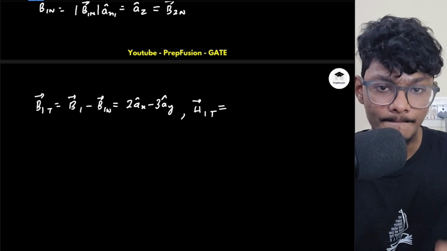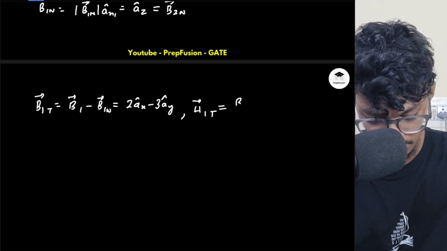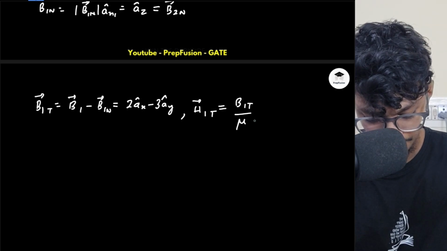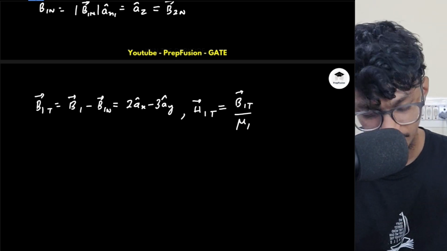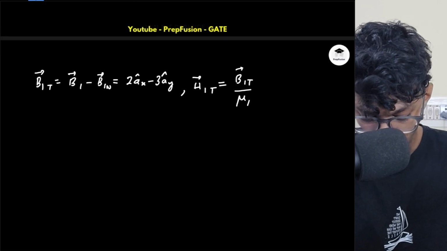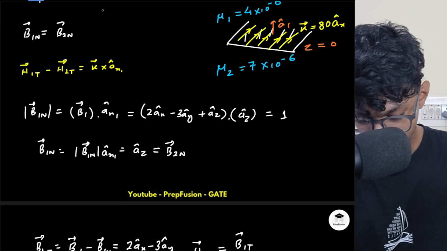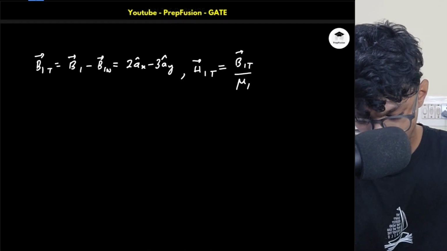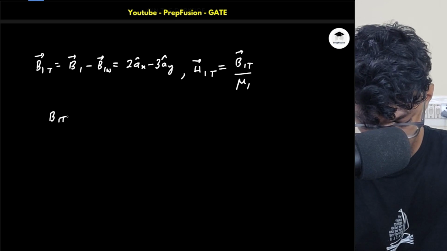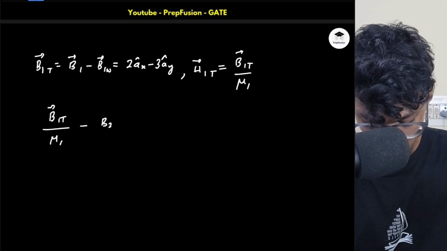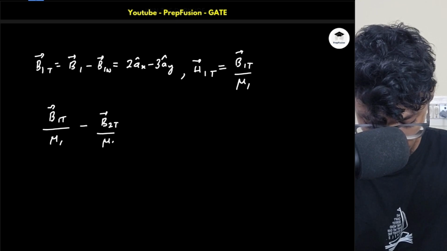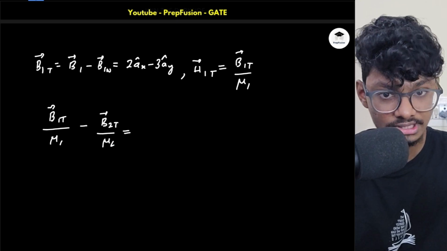H1t will be B1t by mu1. So this is my H1t. I will write this later on, don't worry. Now I will use this boundary condition: B1t by mu1 minus B2t by mu2 is equal to K cross a_n1.